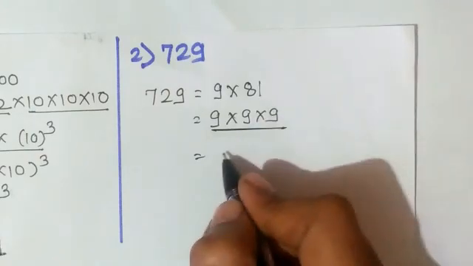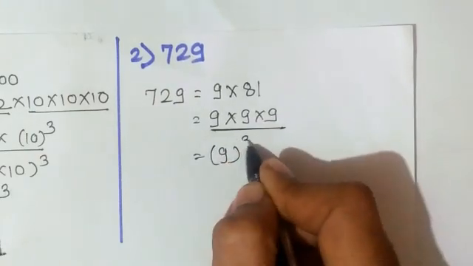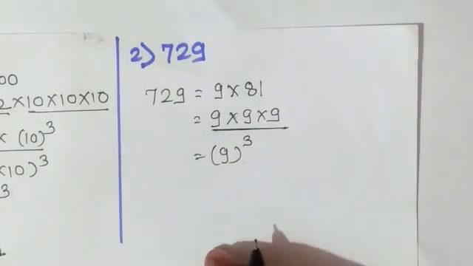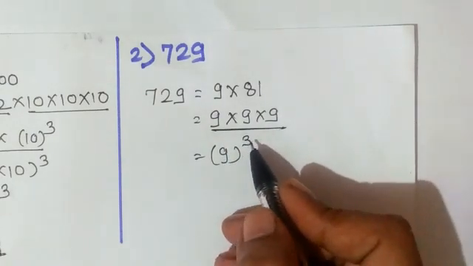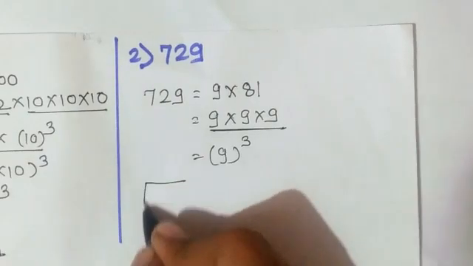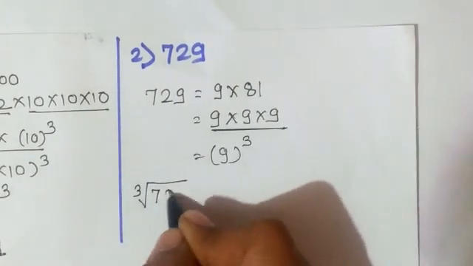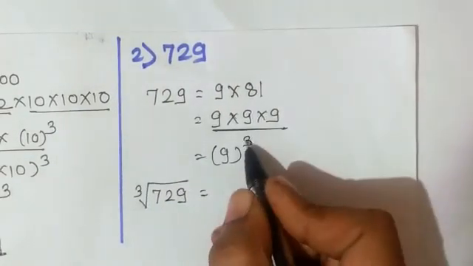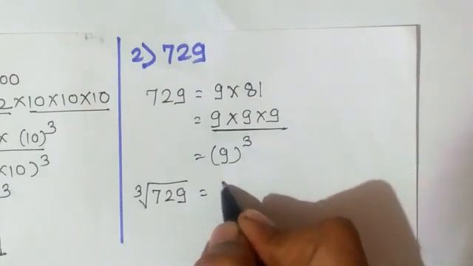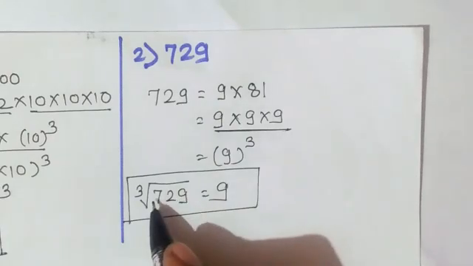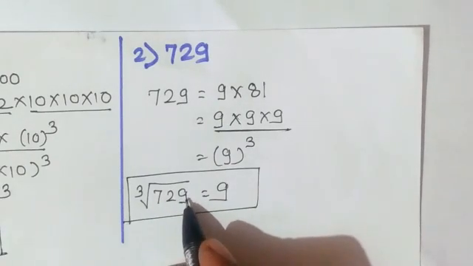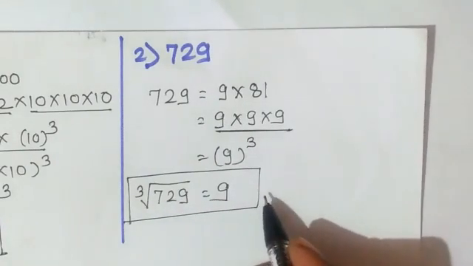Instead of three 9s, we can write in indices form, that is, 9 is the base and 3 will be the index. So in the cube root we write 729, and instead of this we directly write 9. So our answer is cube root of 729 is 9.